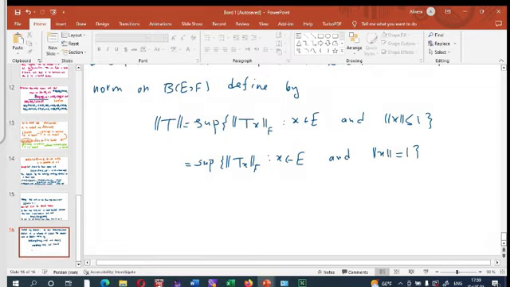And also it is equal to the infimum of all M such that for any x in E we have this relation.